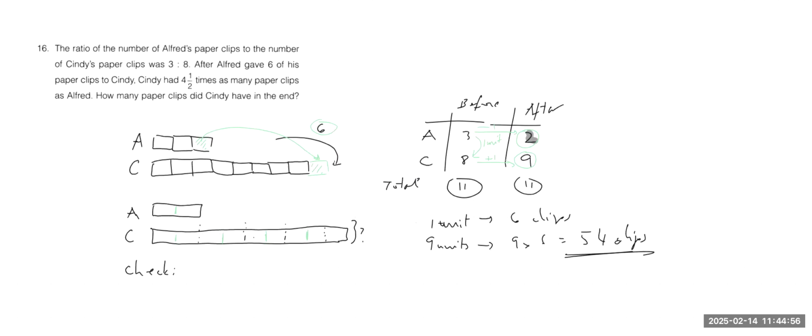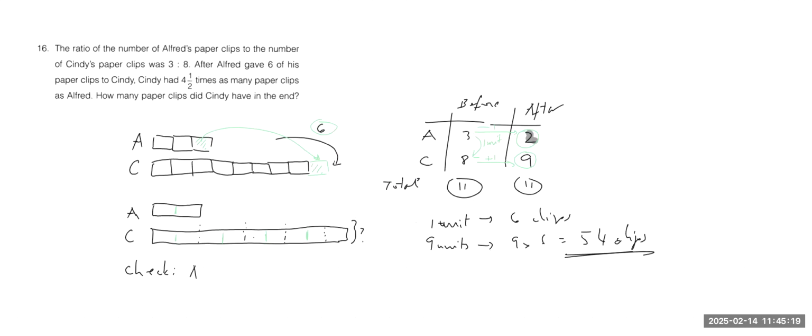Well, assume it's correct, okay? So then we're told that Cindy has 4.5 times as many paper clips as Alfred. So we will say Cindy has 9 units, 6 clips per unit. Alfred would then have 2 units, right? So Alfred would have 12 clips.